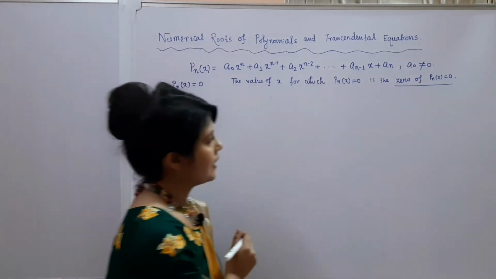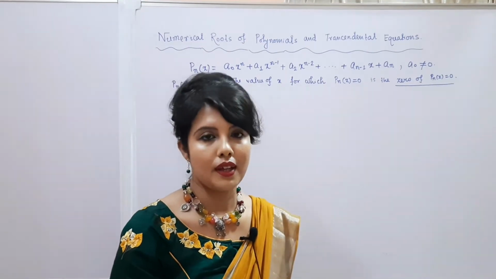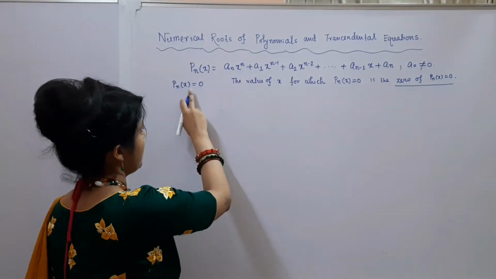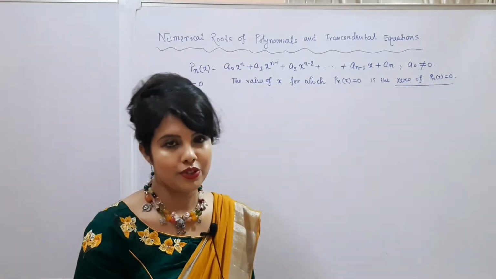That means it is actually the root of the polynomial, okay. So for any root of this equation, Pn(x) should be equal to 0.